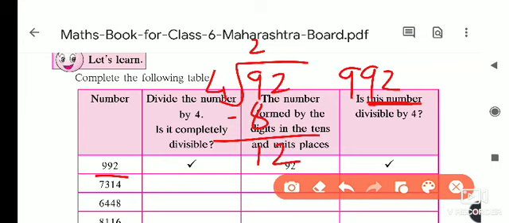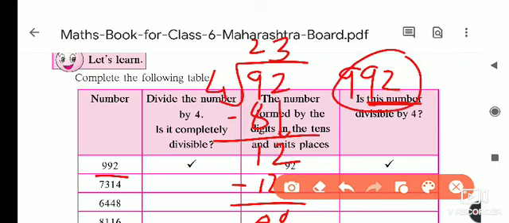Again take this 2 from here, then 4 threes are 12. So if the unit and tens place number, 92, is divisible by 4, then the given number is divisible by 4. So 992 is divisible by 4.